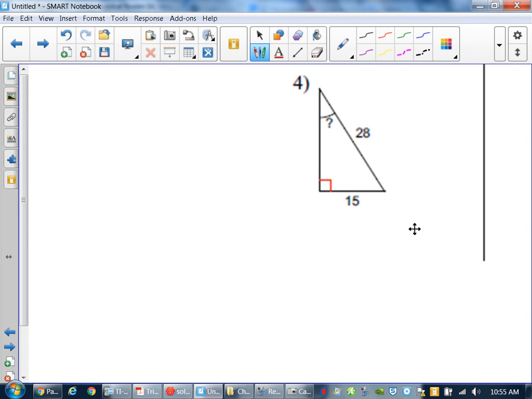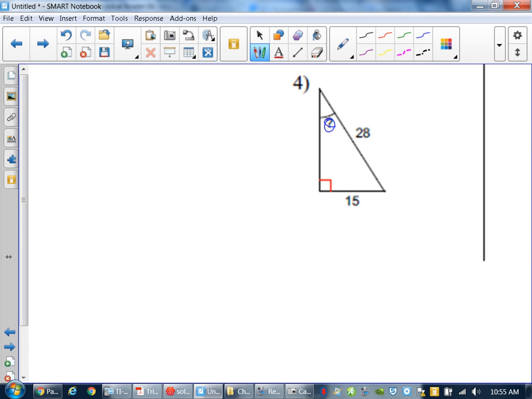Same deal. Start the problem the exact same way again. We have some angle. That angle will always, always, always look at its opposite. Very good. Angles always look to their opposites.